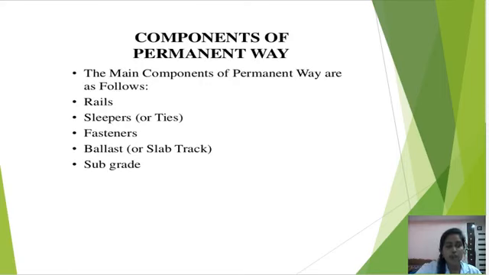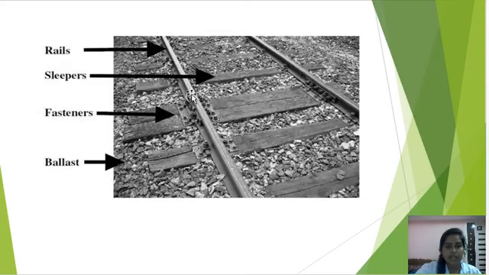And our next topic is components of permanent way. What are the components of permanent way, or the components of a railway track? The components of permanent way are rails, sleepers, fasteners, ballast and subgrade. These are the rails, two rails running parallel to each other.